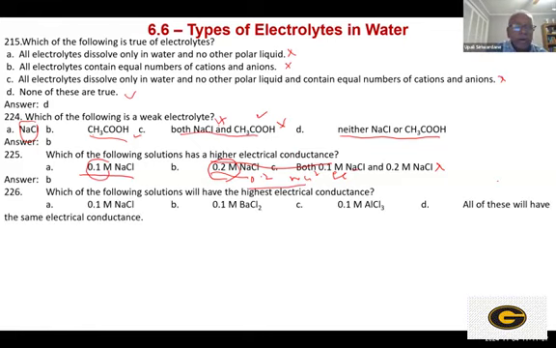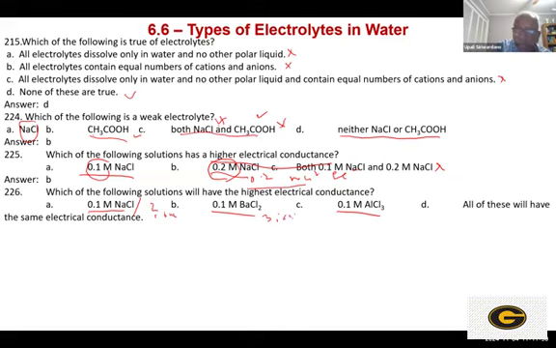Which of the following solutions will have the highest electrical conductance? Similar idea. All are 0.1, same concentration. But when sodium chloride goes to solution, it produces 2 ions, 1 sodium and 1 chloride. This one produces 3 ions.